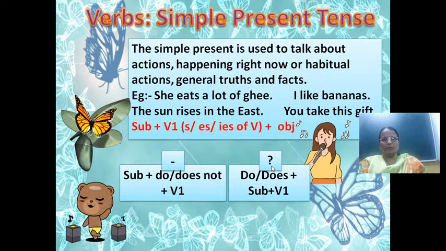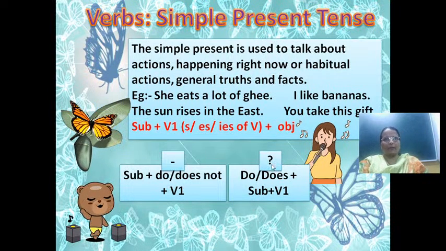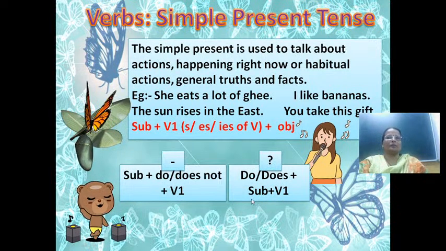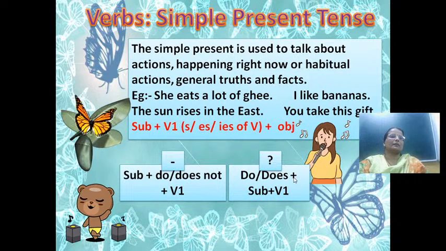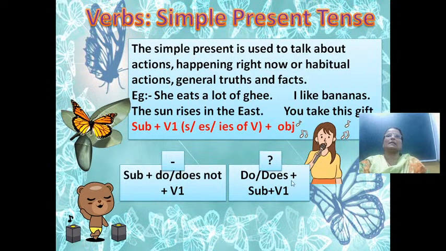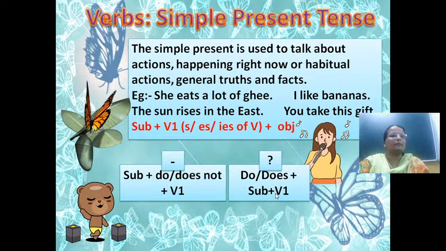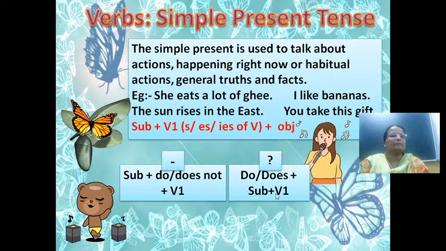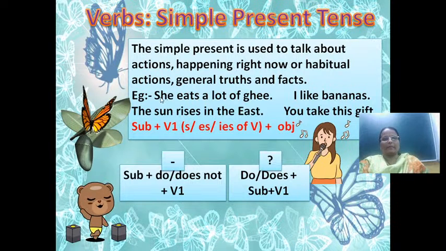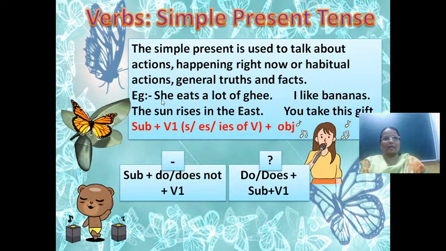Now, look here. If you want to frame questions in simple present tense, what should be the format? Do or does at the starting plus subject plus V1. For example, let's make a question for the first sample itself.